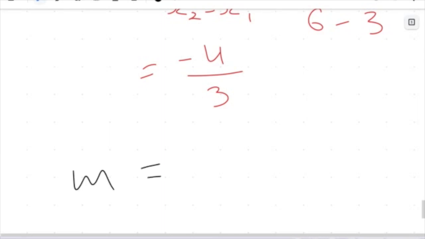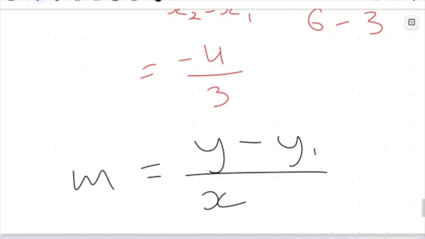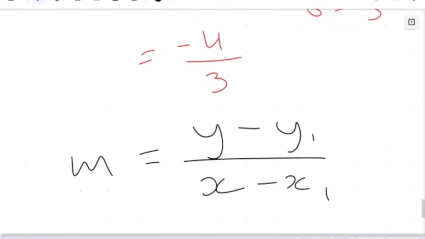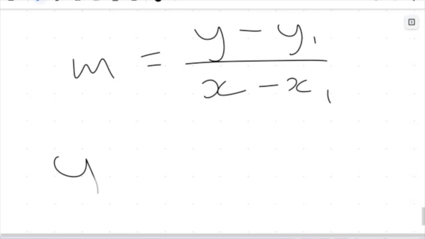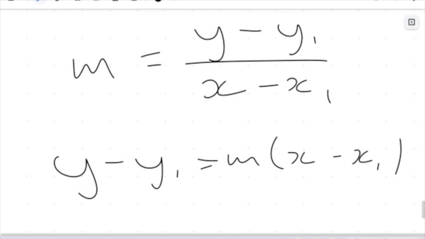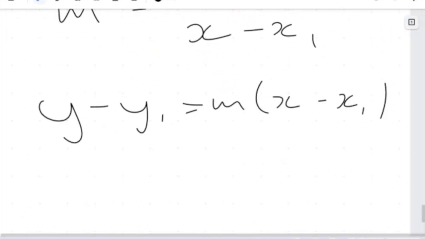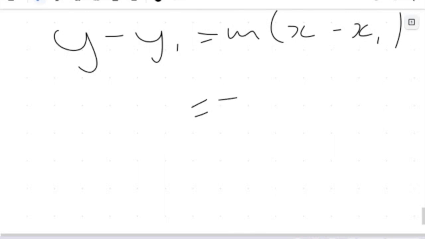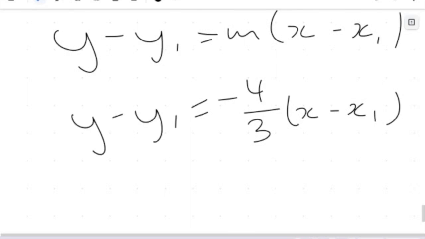And now, just to reiterate the idea we defined before, that gradient is going to be equal to any other gradient with some arbitrary point y and its difference between some y1 and some arbitrary point x minus x1. And we get our formula, y minus y1 equals m times x minus x1. And now we have a value of m, so we can substitute that in here. So we have negative 4 on 3. Okay, and then now I just want to substitute in my points.